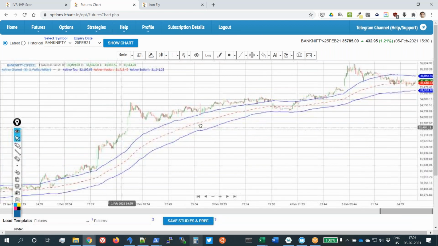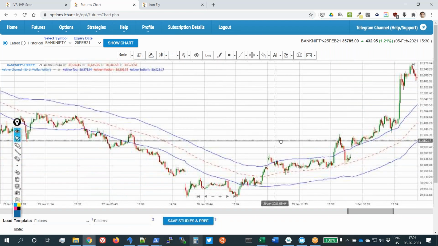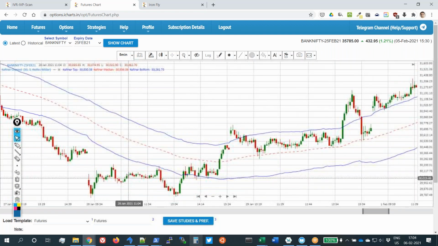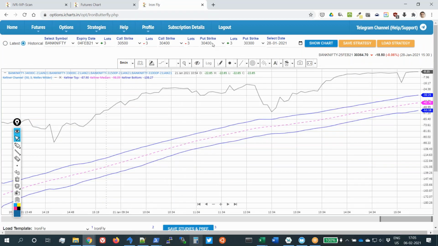Suppose now for 4th February expiry, we are over here. 28 Jan is the previous expiry. So over here at the end of the expiry, probably just before market close, about 15 minutes before expiry, we are initiating. The price is around 30,400 in Bank Nifty.